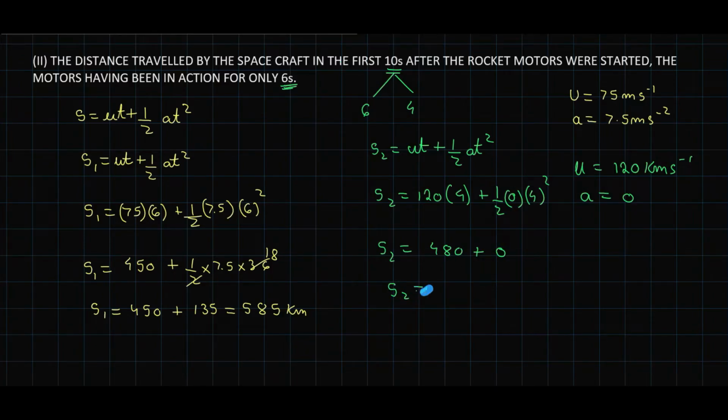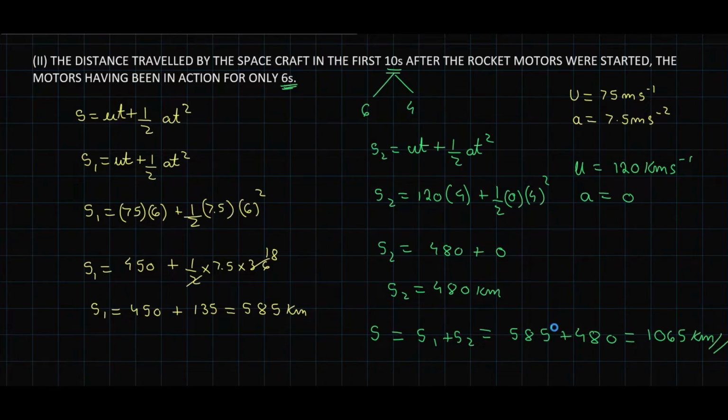So S2 equals 480 kilometers. To find the total distance, we have to add these both. So S equals S1 plus S2, which is 585 plus 480 kilometers, which gives us 1065 kilometers, and that's the answer.